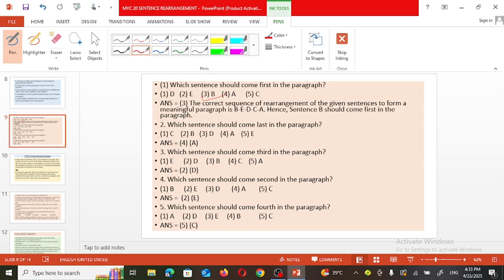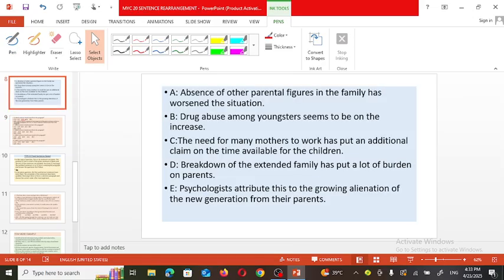And after that, first we have said that drug abuse among the youngsters seems to be on the increase, meaning there is an increasing number of drug addicts among youngsters. Psychologists attribute this to the growing alienation of the new generation from their parents.